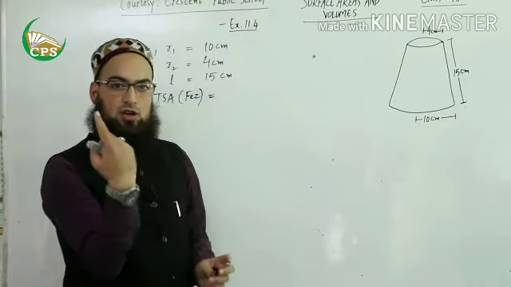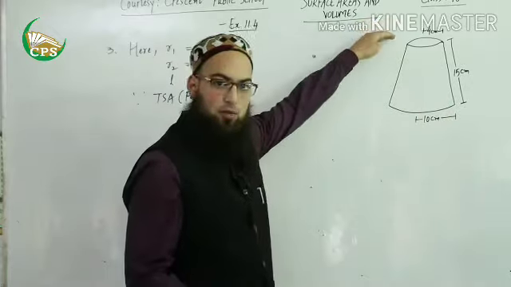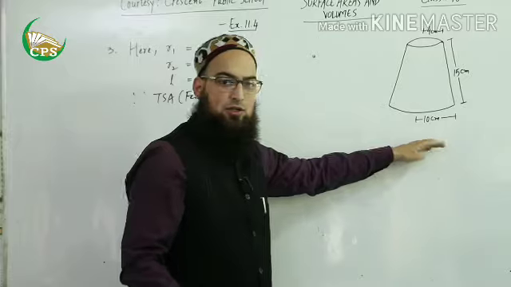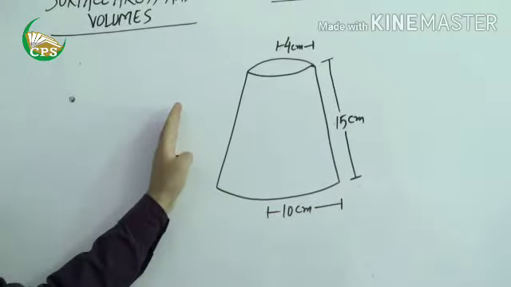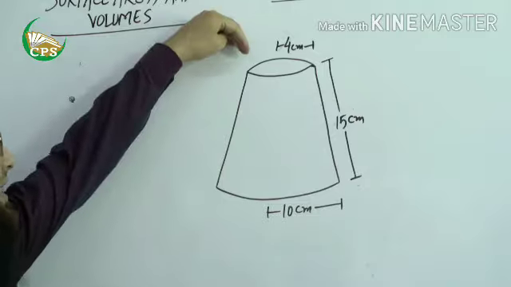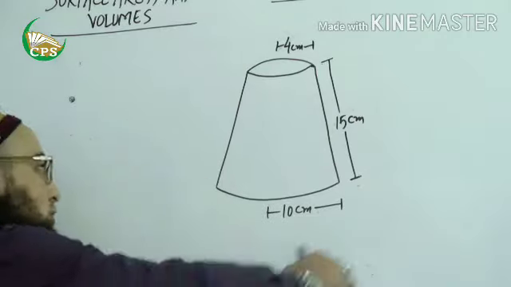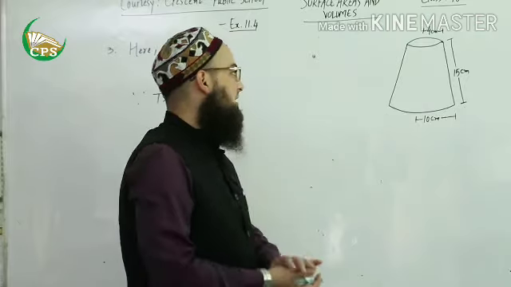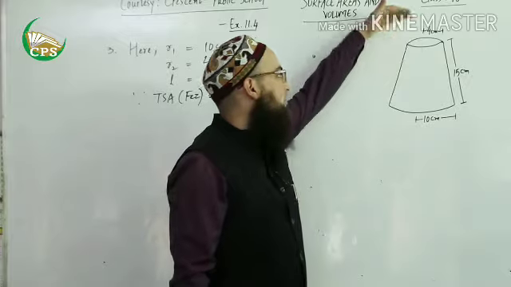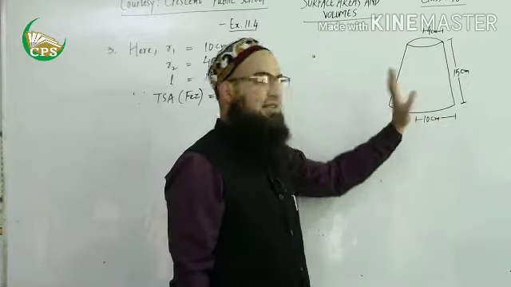Either you can do the curved surface area of this fez plus area of top, because the bottom part is excluded, so curved surface area of this frustum plus area of top, point number one. Or you can do total surface area minus bottom. I will repeat: curved surface area plus top, or total surface area minus bottom, because either way you are getting the same result.